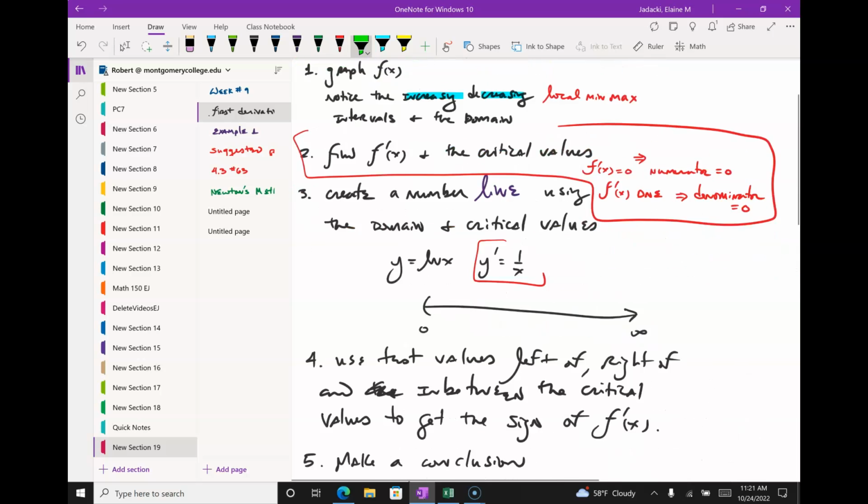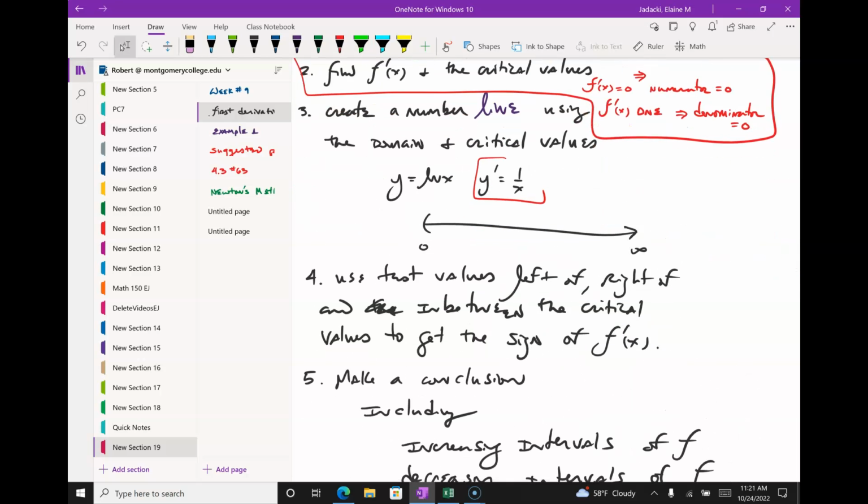Step 4, use test values left of, right of, and in between all the critical values. We're getting the sign of the derivative. It's called the first derivative test because we're testing things in the first derivative. We already know the answer from Desmos.